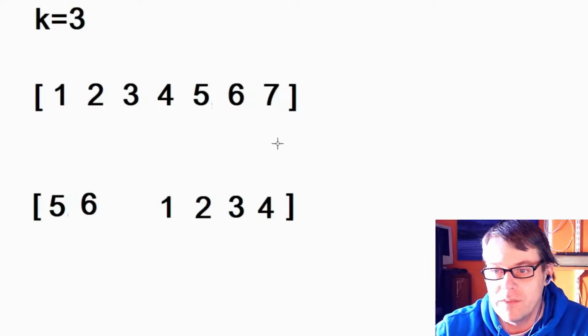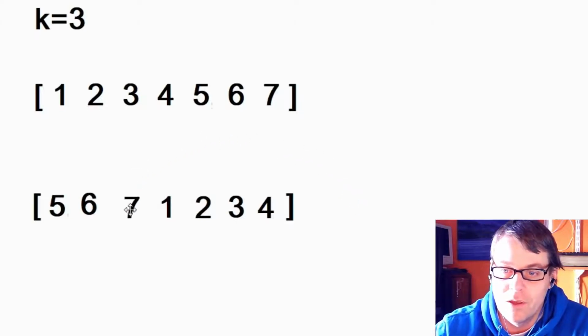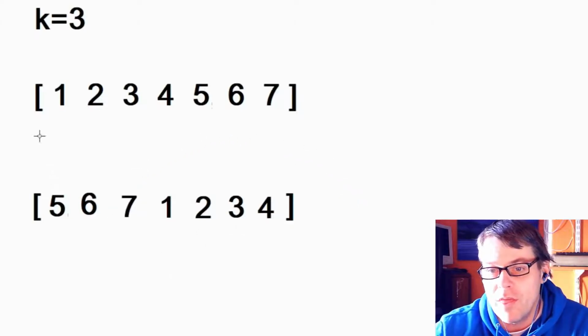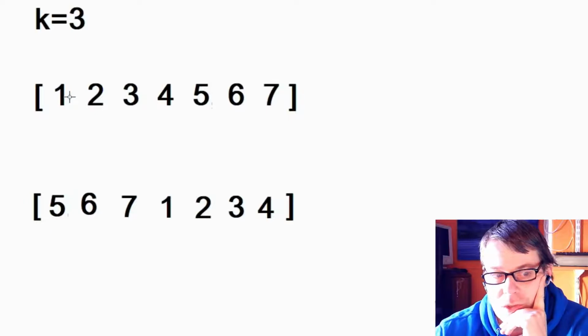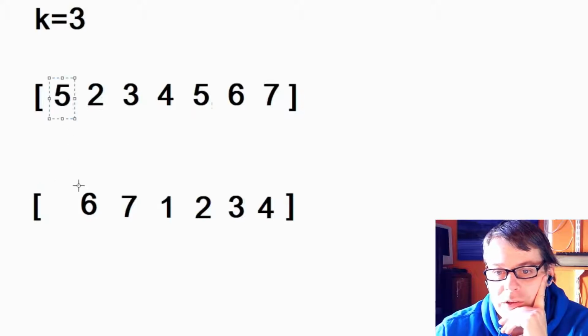And for 7, we want to put it into position 9. 9 mod 7 is 2, so that will go there. And then because in the exercise question we weren't returning the array, we were actually modifying that array, in order for this to work, we're then going to have to copy these values back over into that array. So that's not so great, but that is a way of doing it.